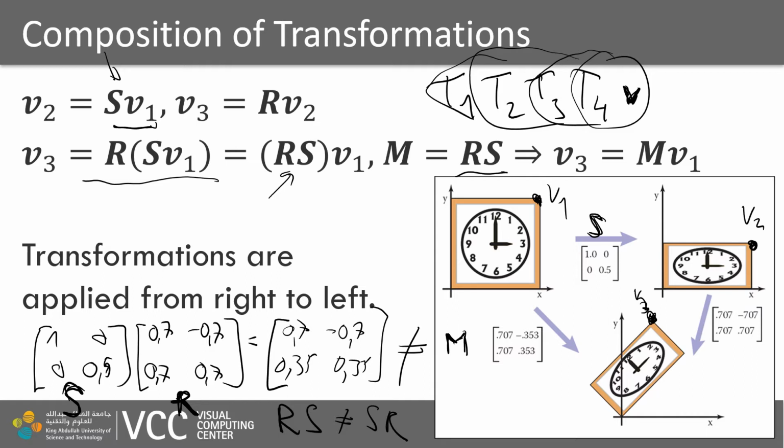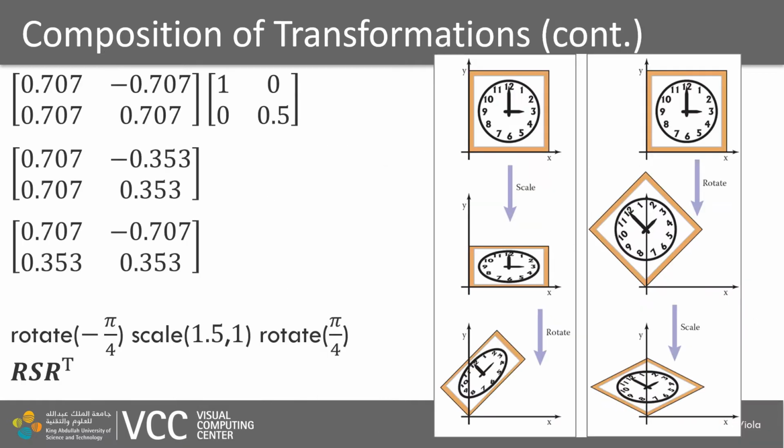So be careful, concatenating matrices is not a commutative operation. If you concatenate them wrongly, you will end up with a different transformation. Oh, and we can see it right here. This is what we have calculated, and this is what was calculated before.